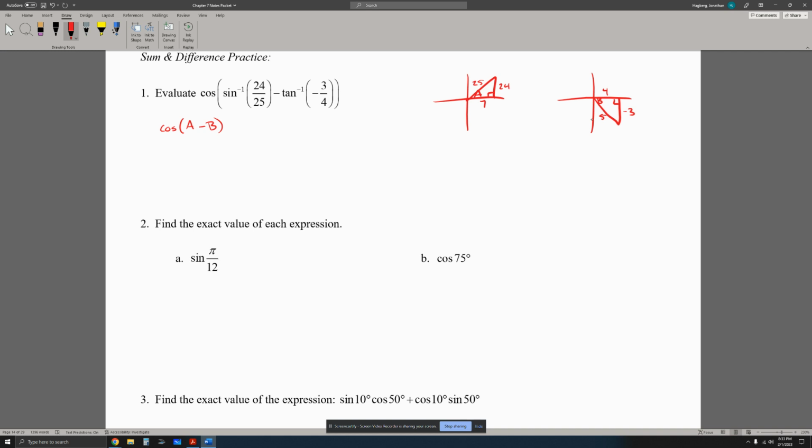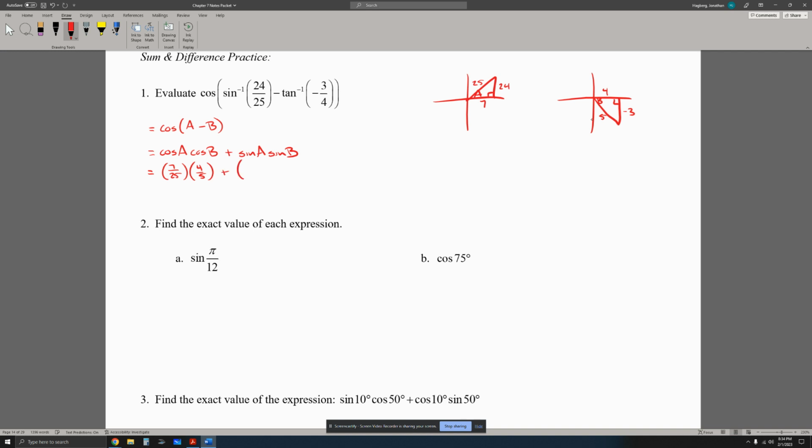Okay, so then this is equal to the cosine of A and cosine of B plus sine of A, sine of B. So the cosine of A is equal to adjacent over hypotenuse, 7/25. Cosine of B is adjacent over hypotenuse, 4/5.